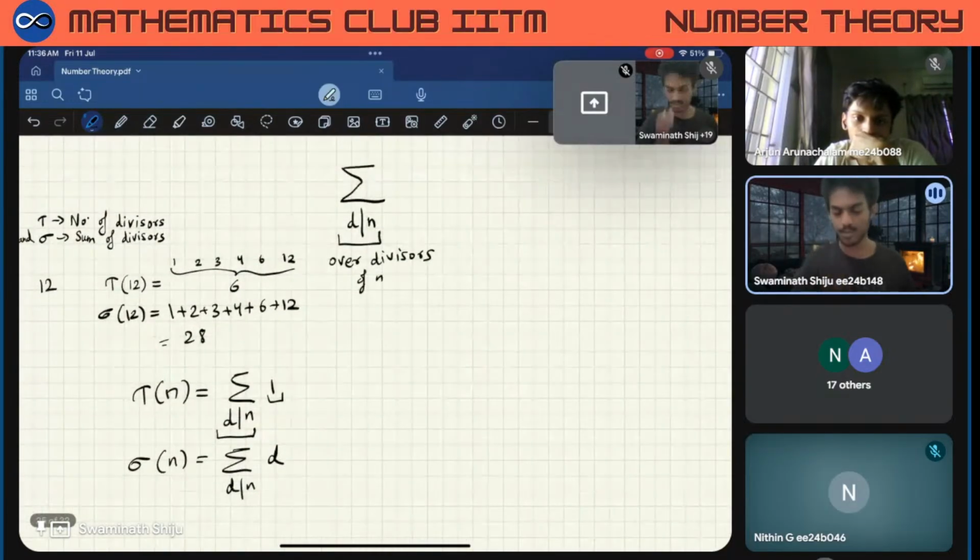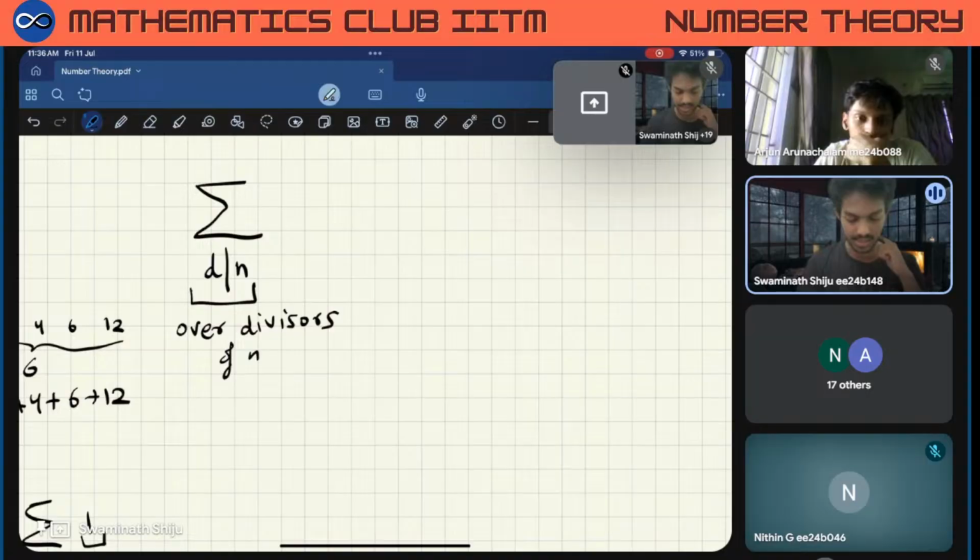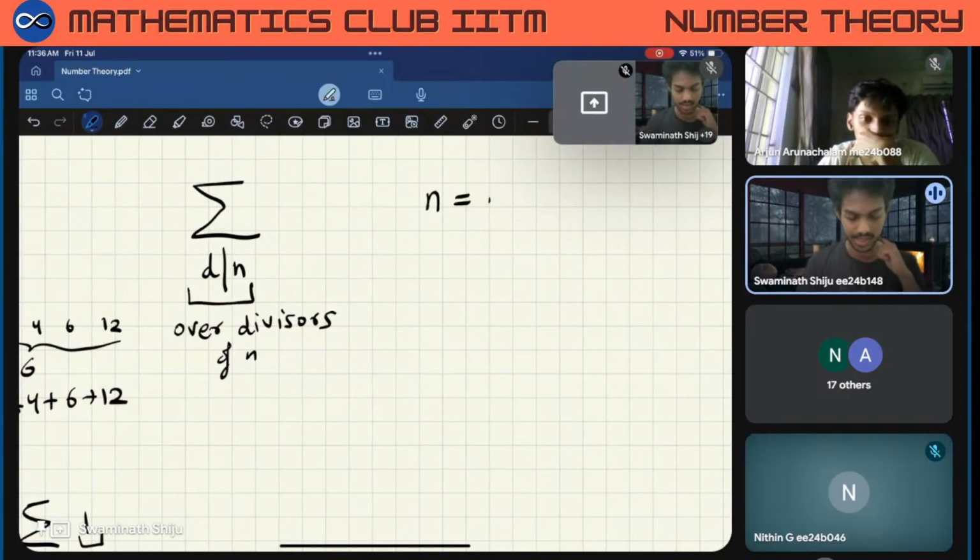Now I want to make an important point here that will be important for this entire session. Say some number n, you write as p1 power k1, p2 power k2, so on up to pn power kn, right?